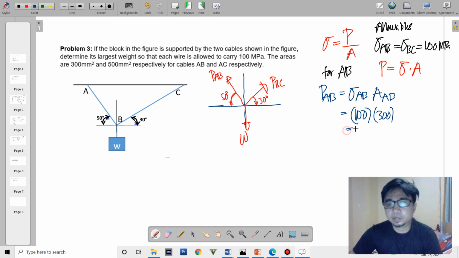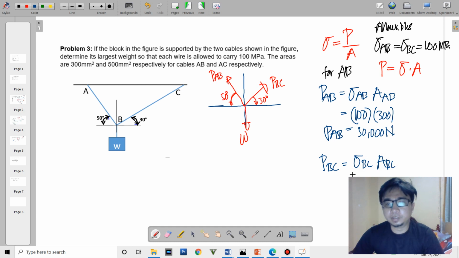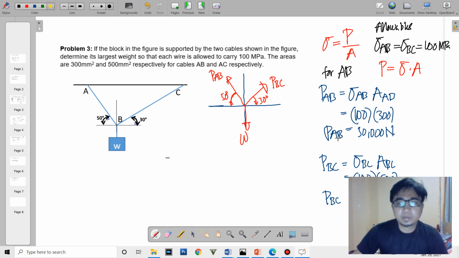So actually this is 30,000 newtons, and then for PBC we do the same, sigma BC times area of BC, this is 100 times the area, which is 500, so that is simply equal to 50,000 Newton.